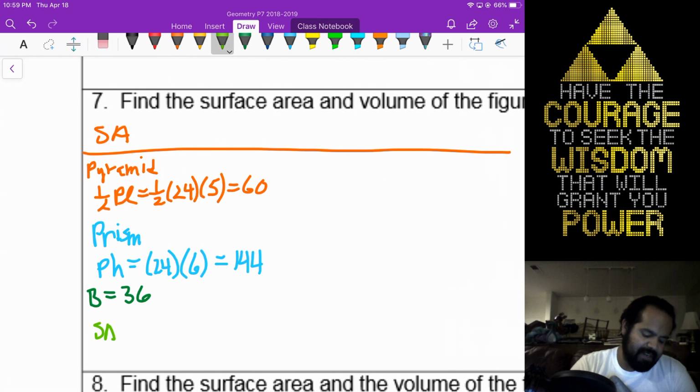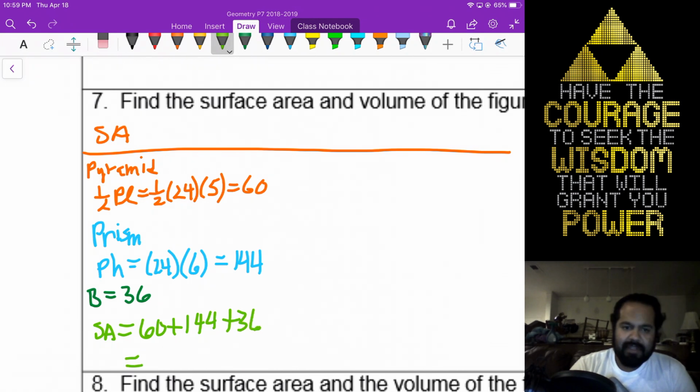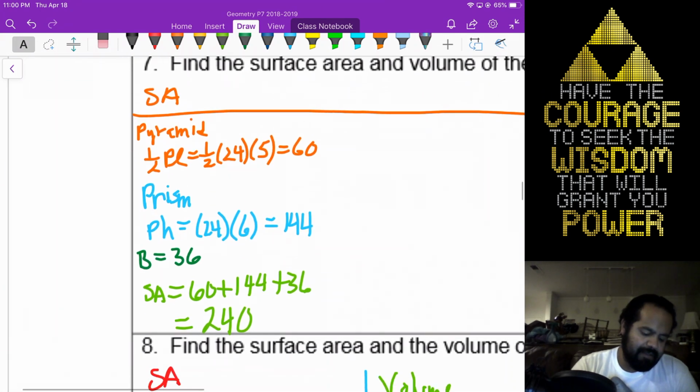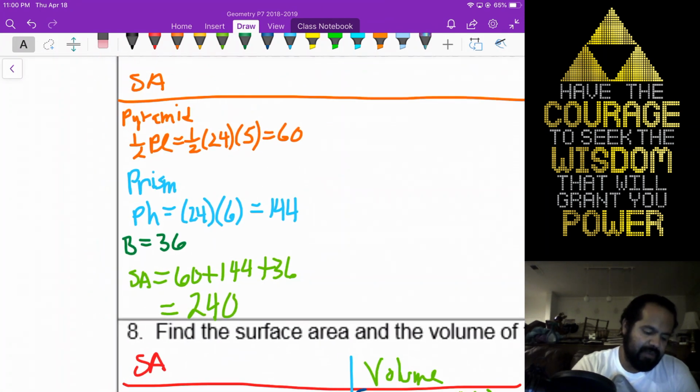So my surface area is going to equal 60 plus 144 plus 36. So 36 plus 144 gets me 180. So 180 plus 60, 240. Then my units, I don't have any written, so I write in units squared.